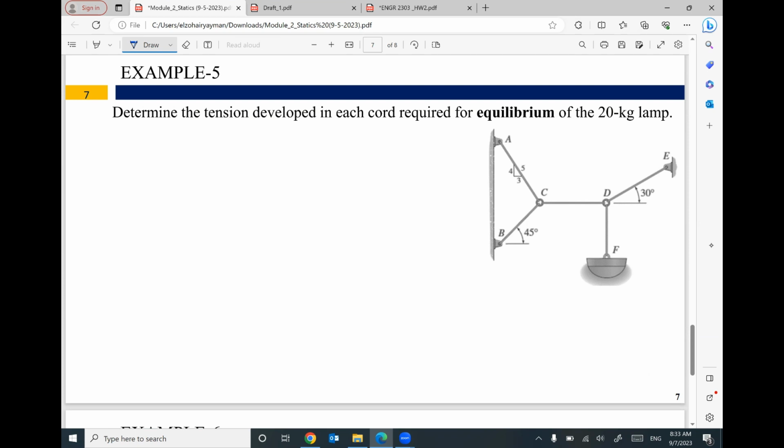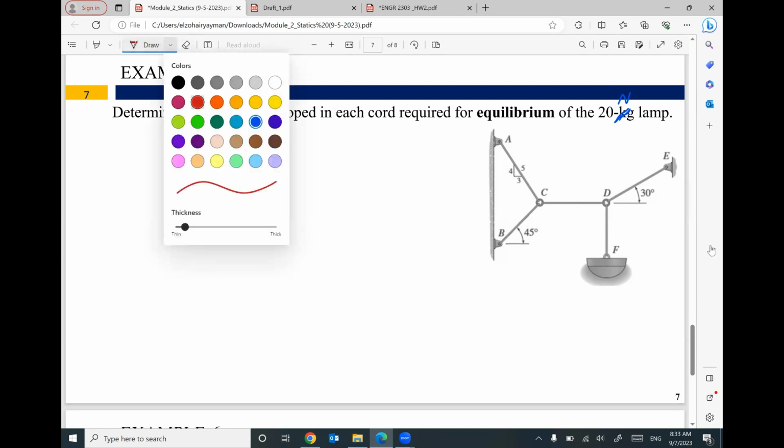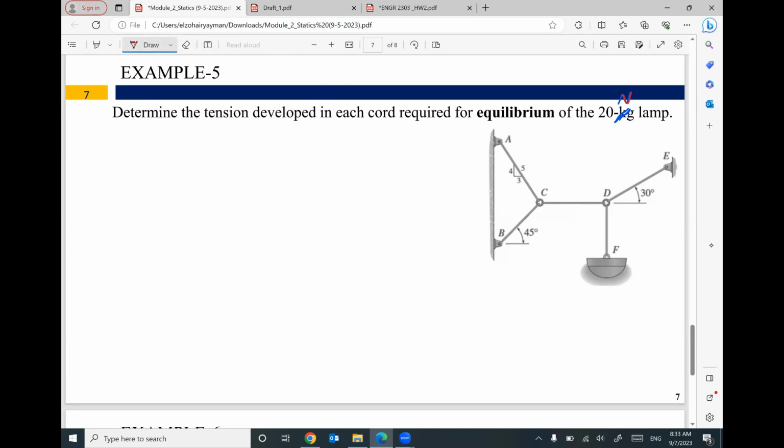So we have a weight. I'm going to assume this weight is not 20 kilogram, it's 20 Newton. So we have a weight here of this lamp equal to 20 Newton.